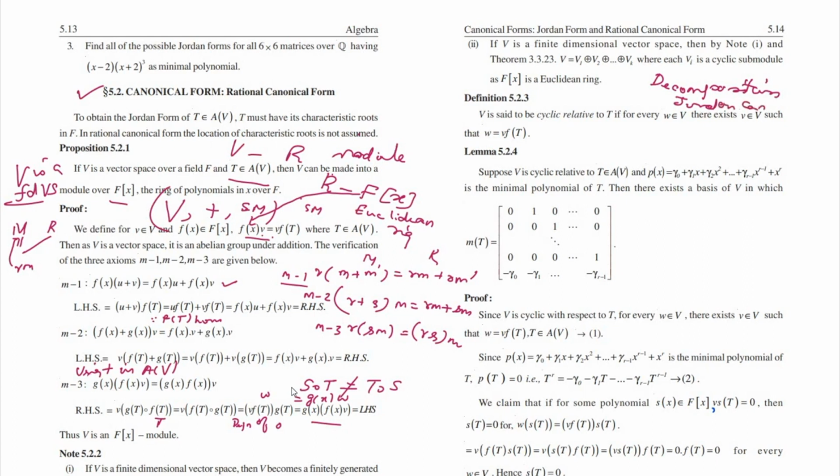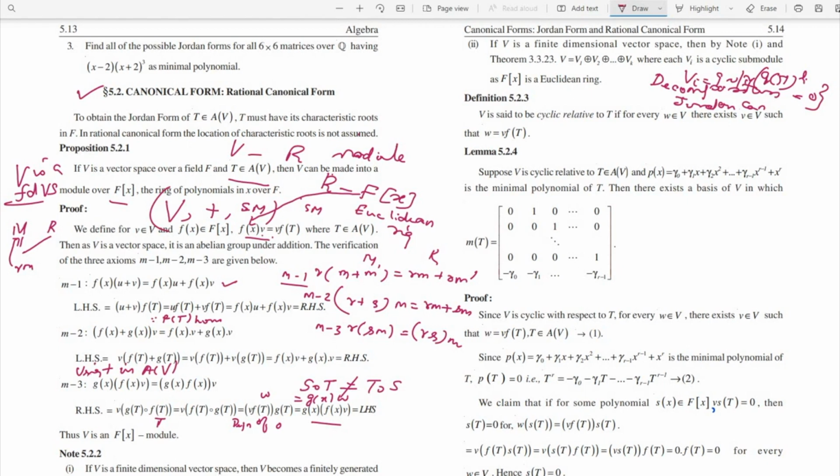There we have established that V is the direct sum of V1 etc. Vk, where we defined our Vi to be all those vectors which are annihilated by q(t) to the power some li. They are all invariant subspaces, but when we regard this as an F[x] module, they are considered as cyclic submodules, because F[x] is a Euclidean ring.